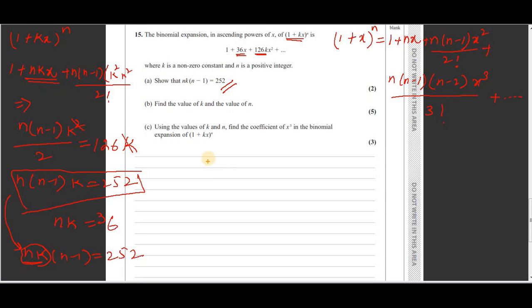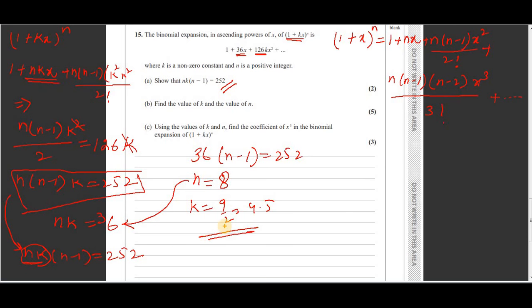I can rewrite 36(n minus 1) equals 252, and you can solve this for n, and n would be equal to 8. You can substitute this n in the equation, so k would be equal to 9 by 2, or 4.5. This is the value of k.